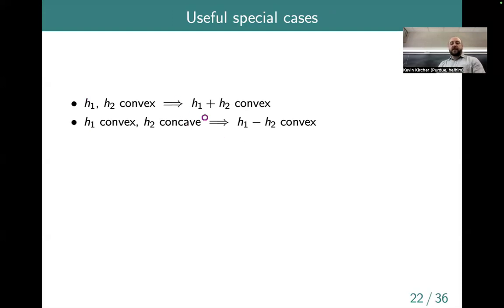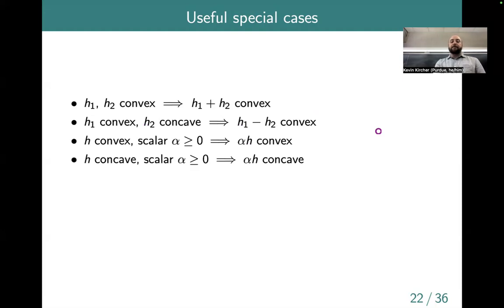And this is basically the same rule as the first one that I wrote down here. Because if h2 is concave, then negative h2 is convex, and the sum h1 plus negative h2 over here is also convex. Similarly, if you have a non-negative scalar and you multiply that by a convex function, the result is again convex.